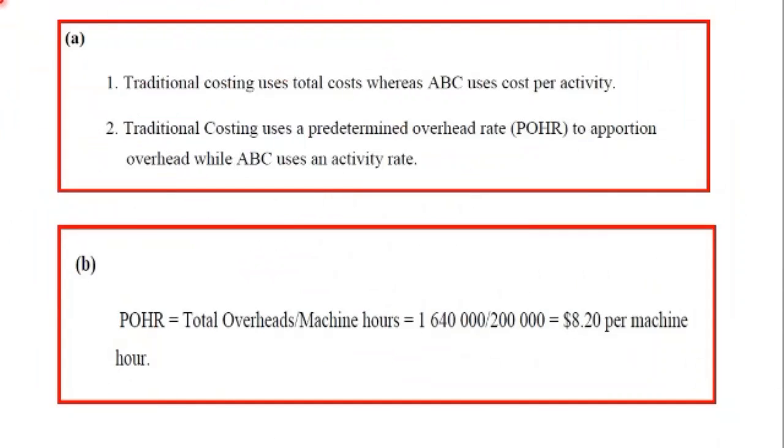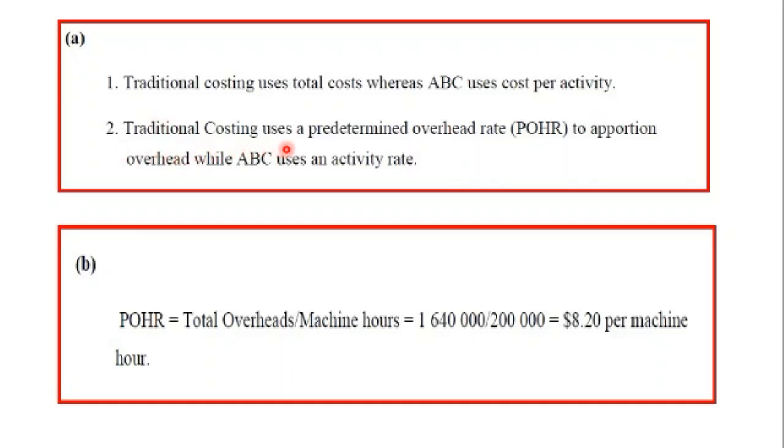First, let us look at part A. The two differences: traditional costing uses total cost, whereas ABC uses cost per activity. We saw that in the PowerPoint presentation yesterday where we had three differences presented. There are more than that, and you could find some of them in chapter 6 of your textbook.